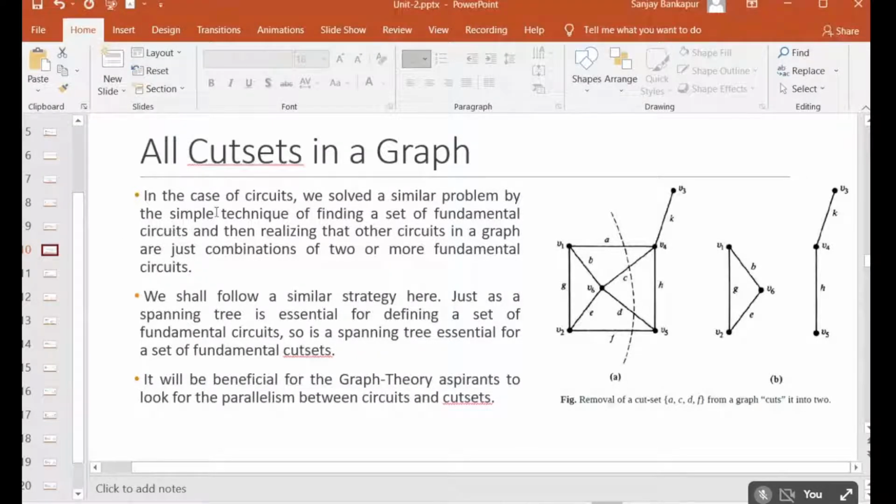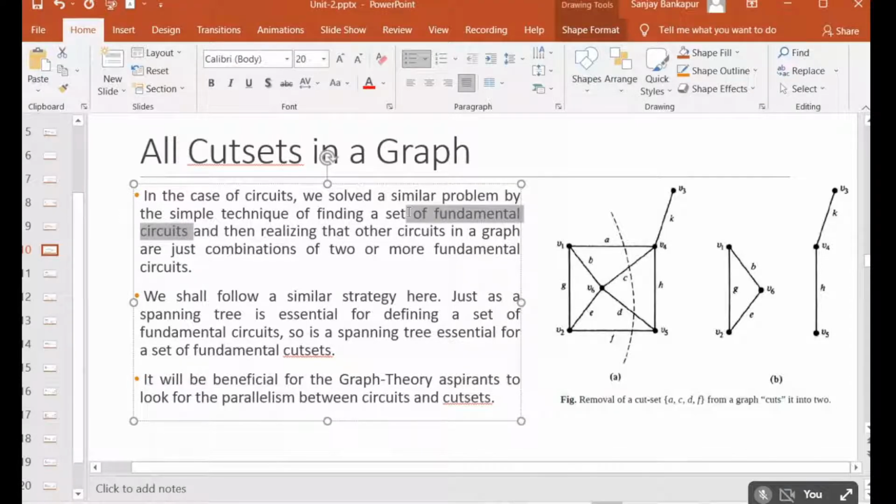In the case of circuits, we solved a similar problem by the simple technique of finding a set of fundamental circuits. We did discuss fundamental circuits in the last class, realizing that the other circuits in the graph are just combinations of two or more fundamental circuits.